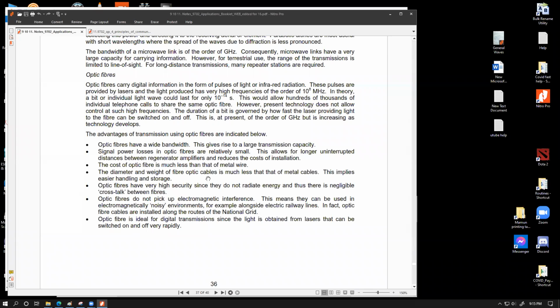The diameter and weight of optical fiber cables is much less than that of metal cables. This implies easier handling and storage. Well, one thing, this actually makes sense. Optical fibers have very high security since they do not radiate energy, and thus there is negligible crosstalk between fibers.